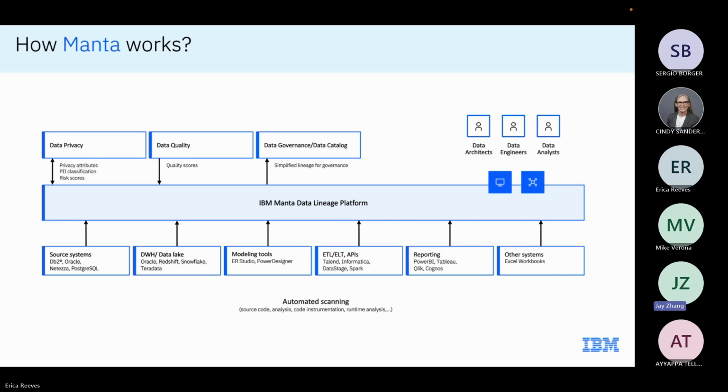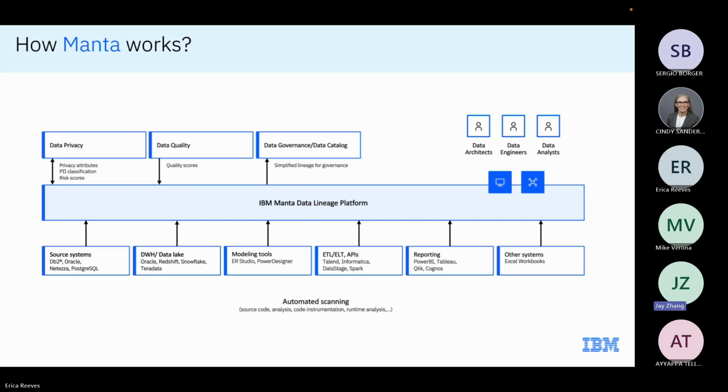But Manta data lineage is very different. If you take a look at the architecture diagram, the bottom layer is the source systems Manta can connect to. Traditionally, database systems, data warehouses, and some data modeling tools, and also ETL or ELT tools.